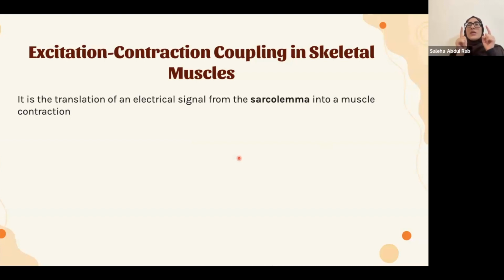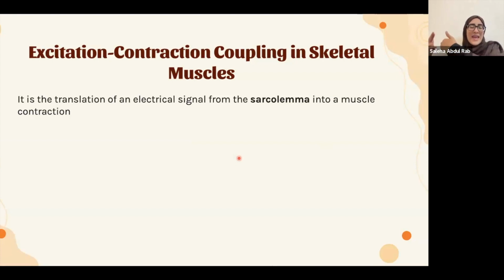So we spoke about how the muscle contraction itself happens, but we didn't speak about where the impulse comes from or how the impulse ultimately causes this contraction, right? We mentioned something like impulse comes, channels open, calcium is released, and that calcium that is released from the sarcoplasmic reticulum goes to the troponin, binds to it, allows the myosin to then bind, and so on and so forth.